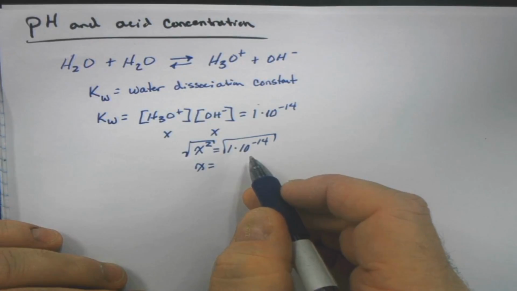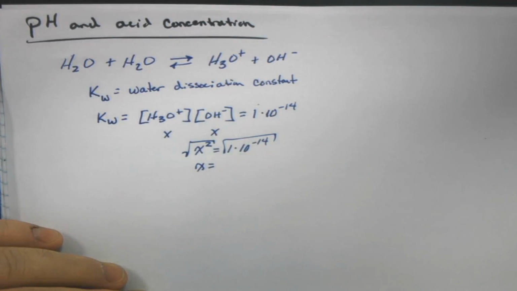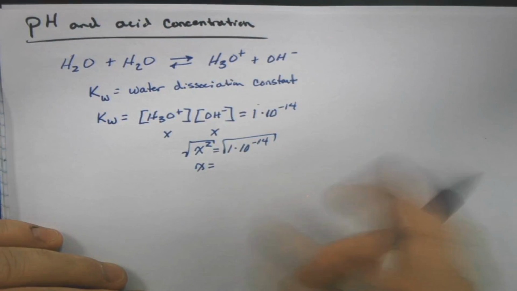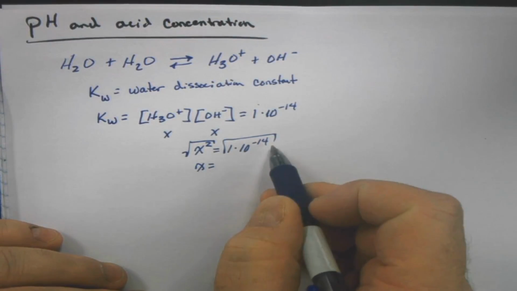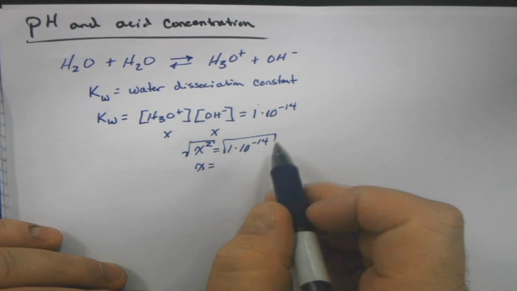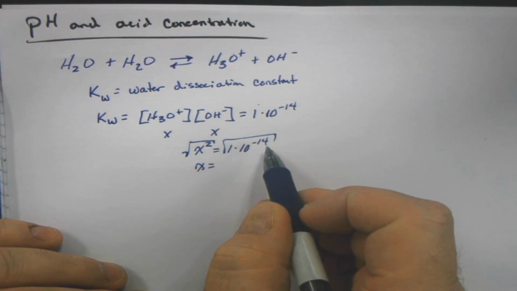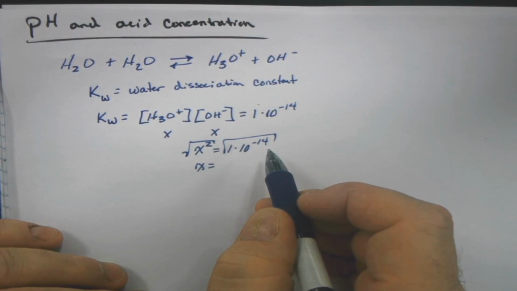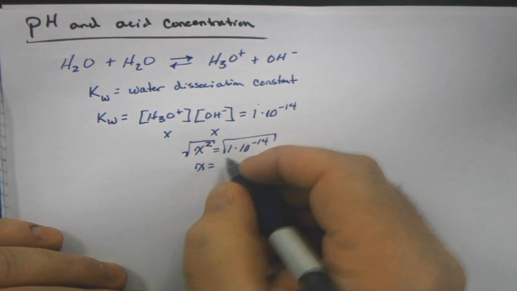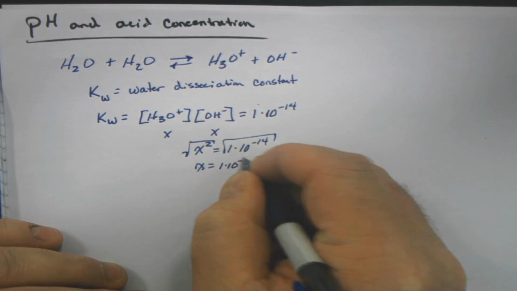You guys should be able to figure this out just by looking at it. The square root of 1 times 10 to the negative 14 would be the same thing as this exponent divided by 2, because when you take the square root, the way you do an exponent square root is you divide by 2. And this would be 1 times 10 to the negative 7th.